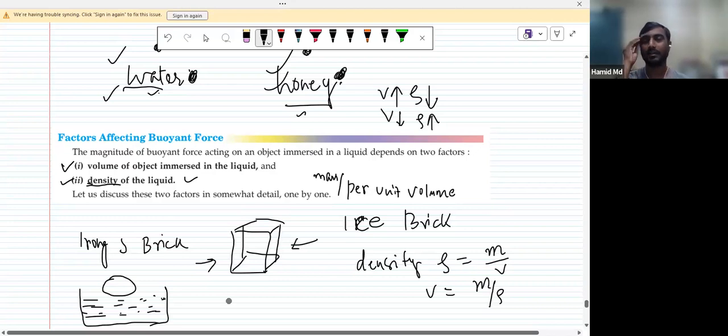Ice is in solid form, but water is in liquid form. So liquid density is more.